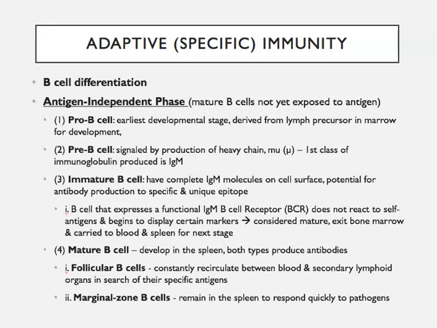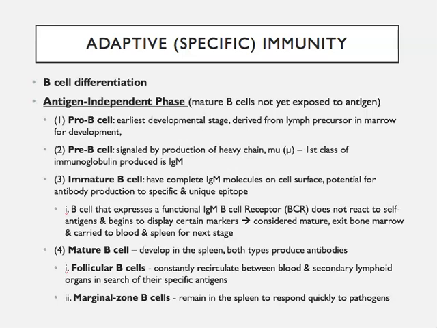So with B cell differentiation, you've got the antigen independent phase. So this results in mature B cells that have not yet been exposed to the antigen. The pro-B cell, this is the earliest developmental stage derived from lymph precursor in the bone marrow for development.